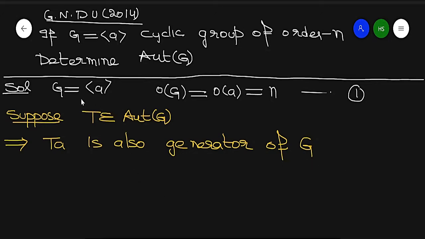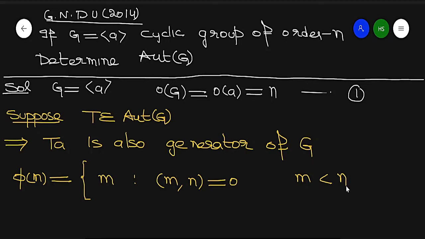Now how can we find the generators of a cyclic group of order n? The generators of a cyclic group of order n are phi(n) in number. So what is phi(n)? Phi(n) is the number of all integers m such that GCD(m, n) is equal to 1, where m is greater than or equal to 1 and less than n.